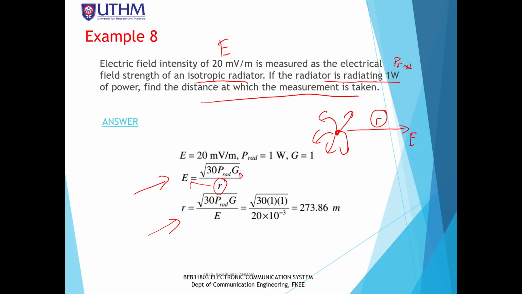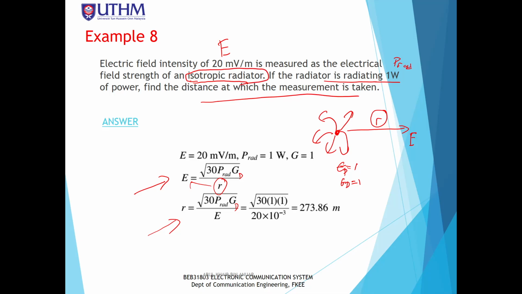Because P radiation we multiplied with directivity gain. But remember, both are equal to 1 for an isotropic radiator: GP equal to 1, GD also equal to 1, because this is an isotropic radiator.